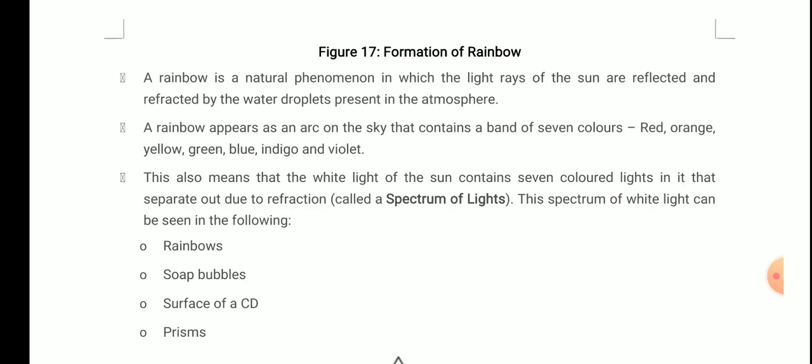This spectrum of white light can be seen in rainbows, which most of you might have seen, then soap bubbles, the surface of a CD, and a prism.